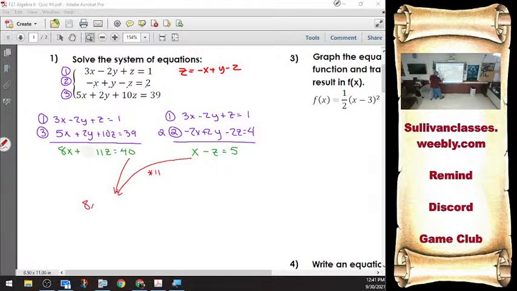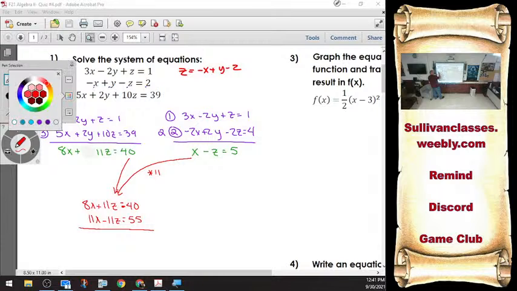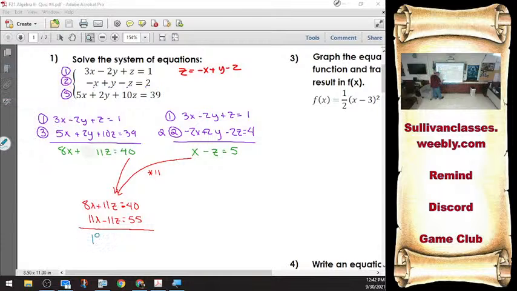If I have 8x plus 11z is 40, multiply this by 11, 11x minus 11z is 55. You're like, oh no, this is so gross. Look at these disgusting numbers. How will I ever deal with 19x and 95?